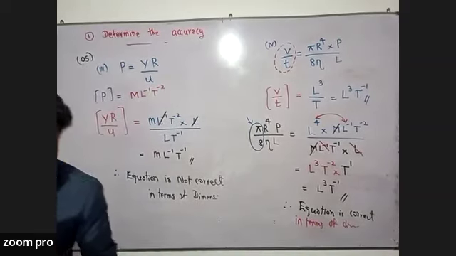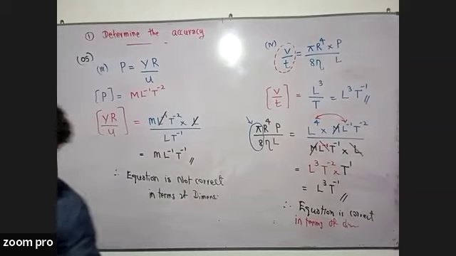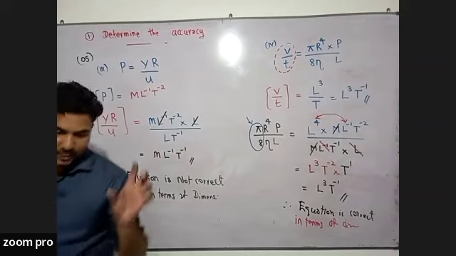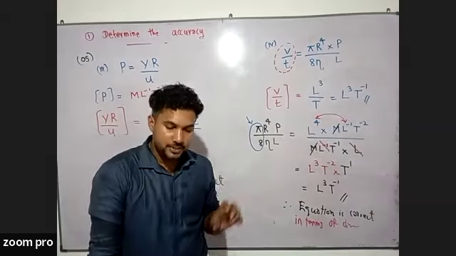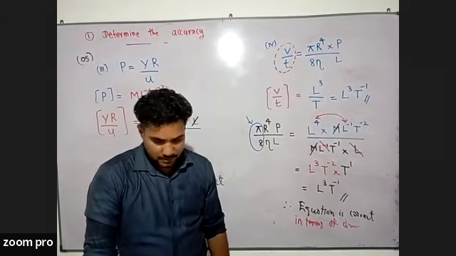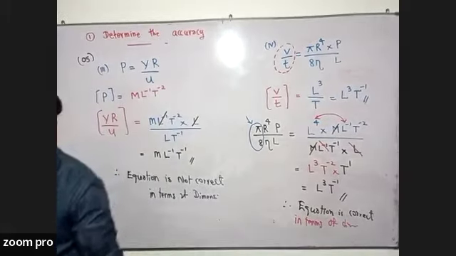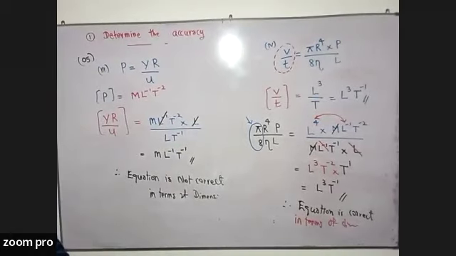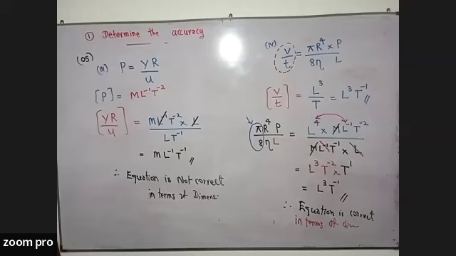So this is the way that we obtain the accuracy of an equation in terms of dimensions, right? Okay. Now trace. These are the things that we need to know about how to determine the accuracy of an equation in terms of dimensions, right?